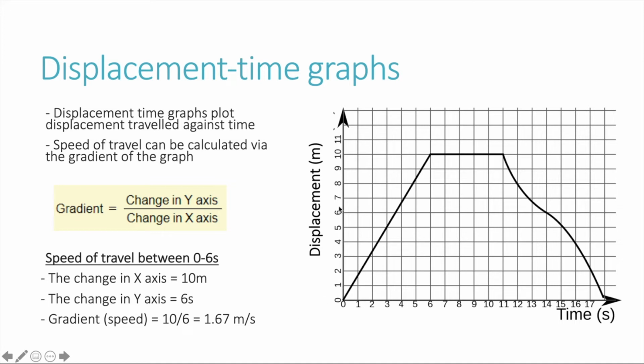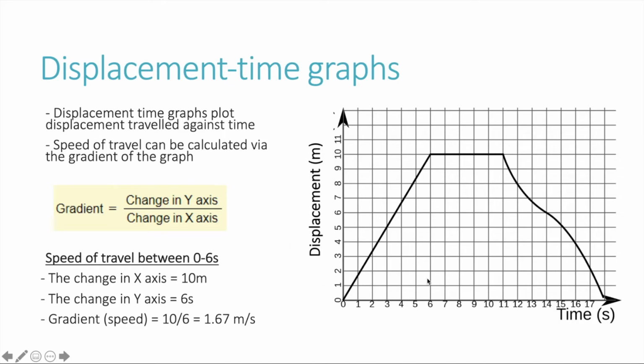So the change in y-axis is 10 because it went from 0 to 10, divided by the change in x-axis, which went from 0 to 6. So you would get 10 over 6, which gives you 1.67 meters per second, which happens to be the velocity of this object in this given region.